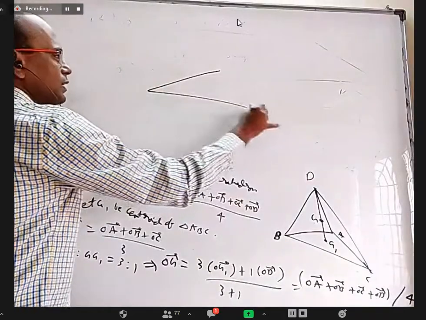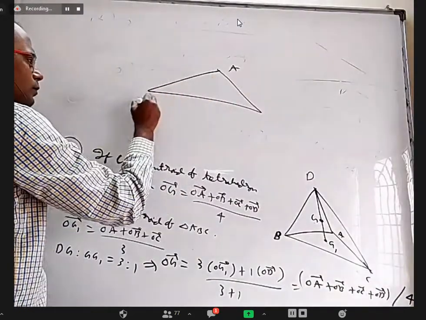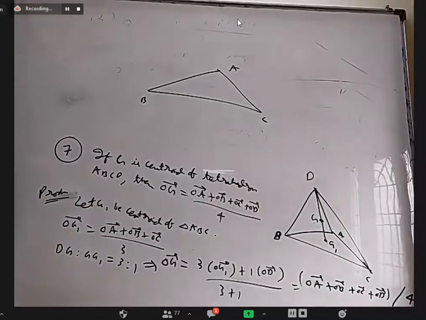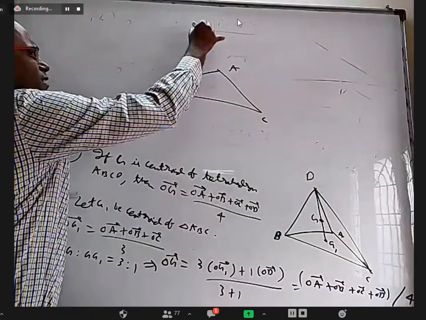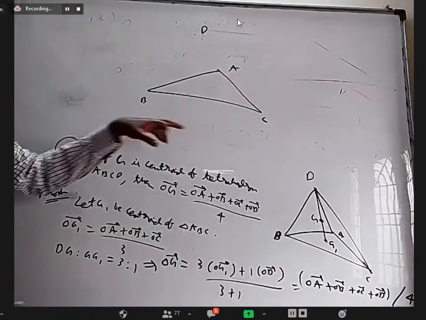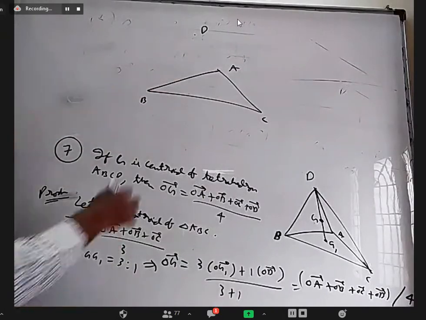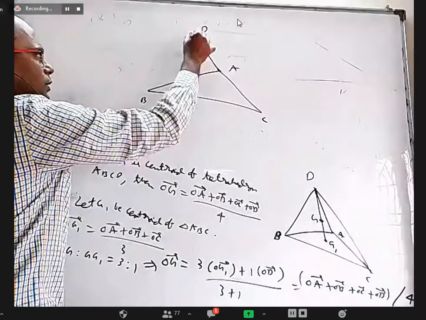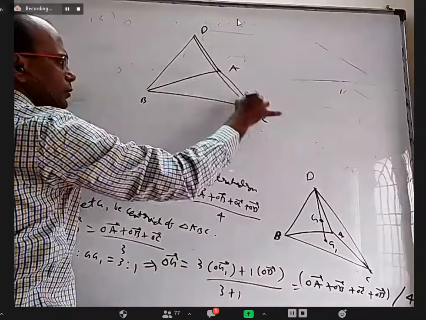See, I have a triangle ABC, and a point D in the space. This is a three-dimensional figure. ABC is in one plane, D is not in that plane, it is in some other plane. I can join like this, right?